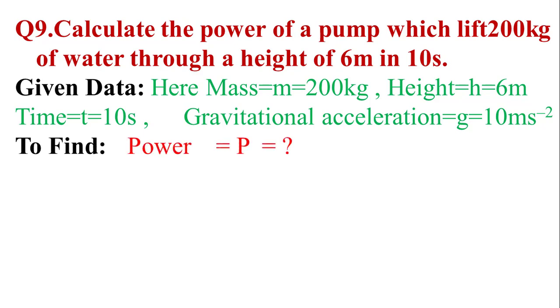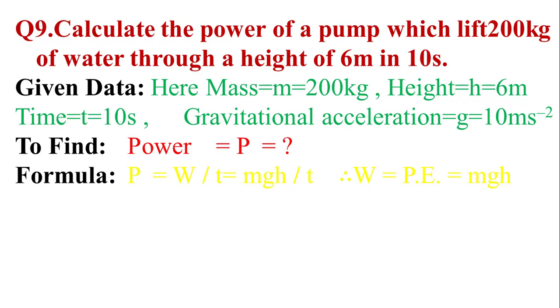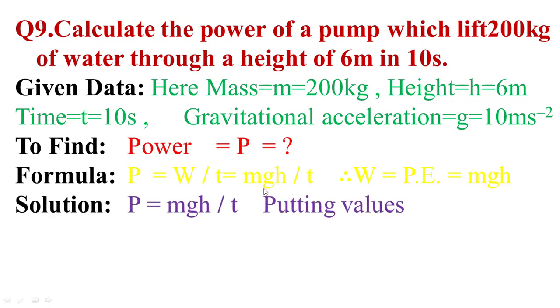Now to find power, P is equal to work upon time. We know that work is equal to potential energy, which is equal to mgh. Putting this value here, P is equal to mgh upon t. Solution: P is equal to mgh upon t.